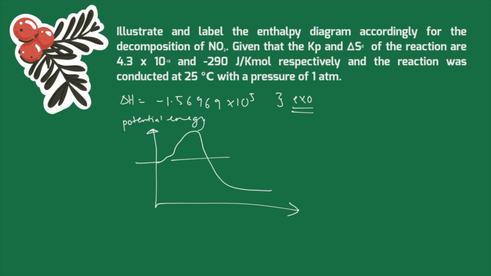So what I want you to label is around here, which is your delta H. So supposedly it is equivalent to negative 1.56969 times 10 to the power of 5. So what we are looking at is the shape of the exothermic reaction, the label here, and you need to label your delta H is equivalent to negative 1.56969 times 10 to the power of 5.